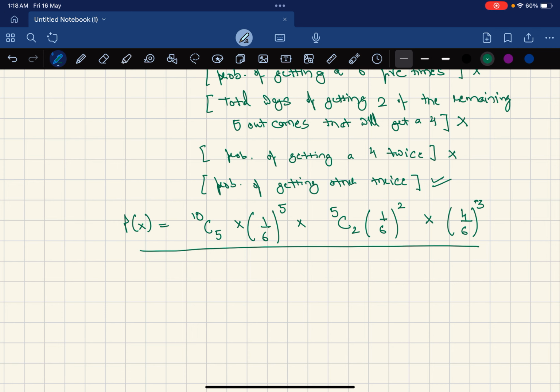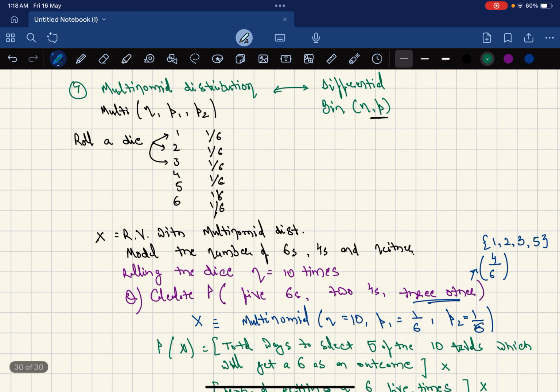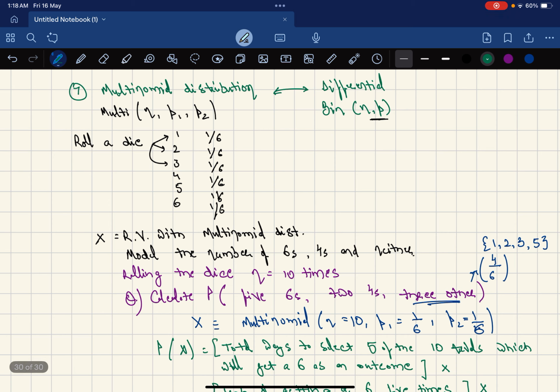Now the difference, as you would have already observed from binomial distribution, is that in binomial distribution there were only two possible outcomes for each trial, and the probabilities of those outcomes were p and 1 minus p. You might want to go back to binomial distribution and see how we came up with the binomial probability mass function.